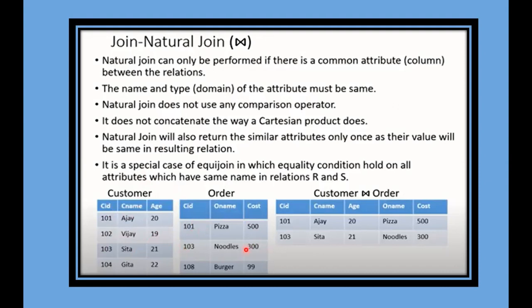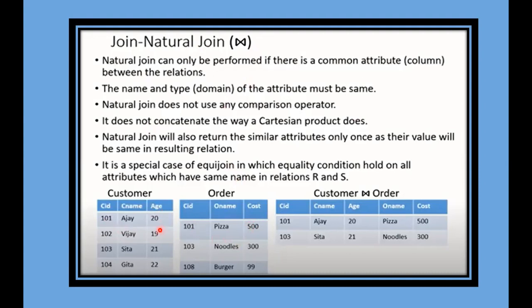Now how can I perform the natural join? To perform the natural join, we use the join symbol. As I just told you, if you have two tables, only what is common can be concatenated here. So here we see 101, Ajay, 20, and in the other table the attribute is available, like 101, pizza.